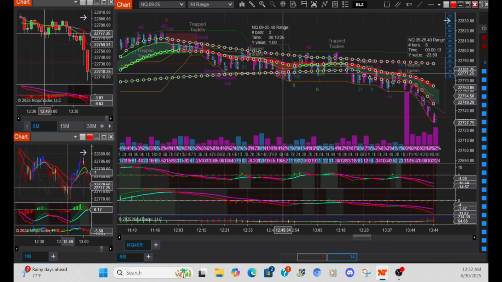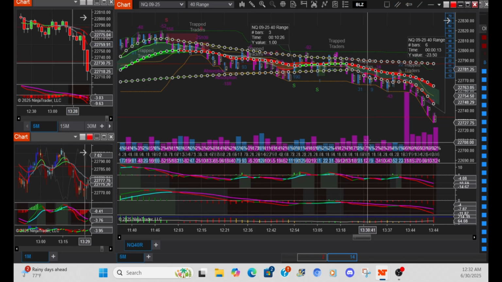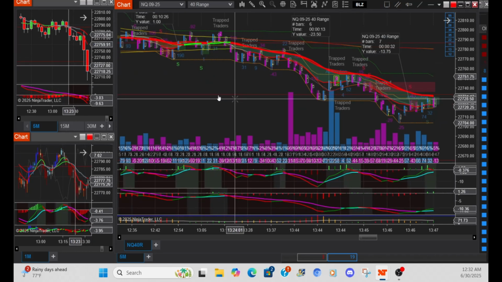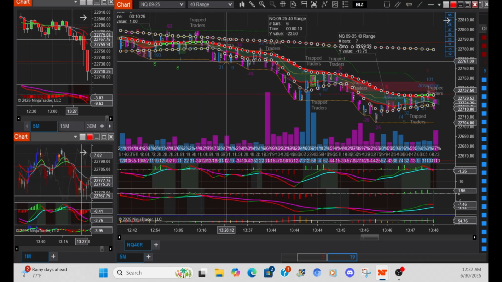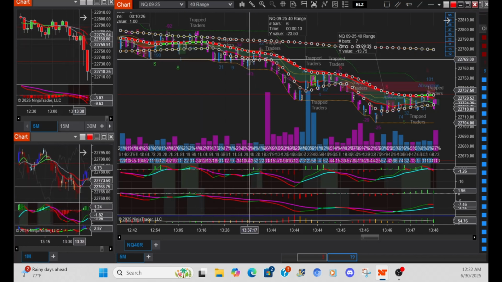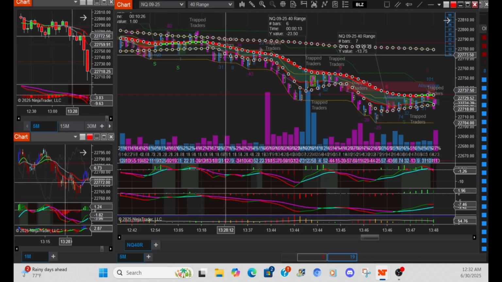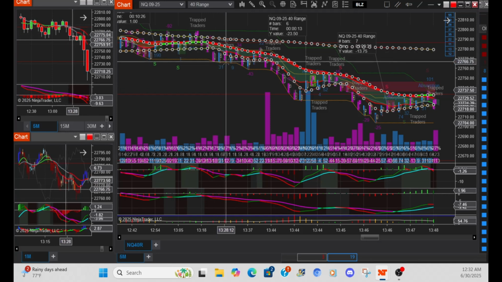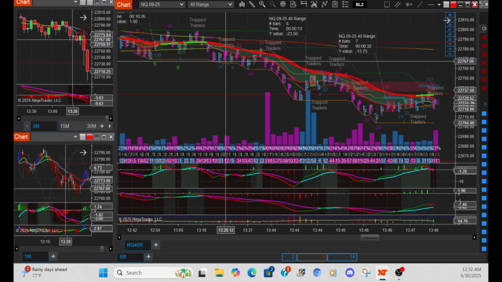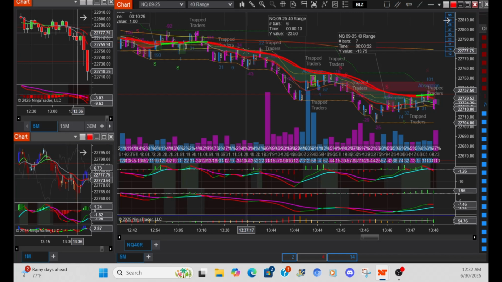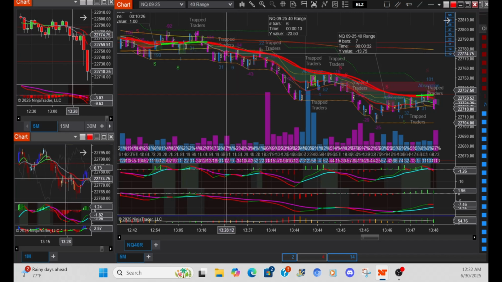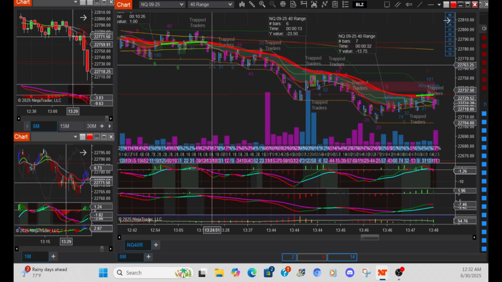This is why I'm liking this new one quite a bit. It took a while to get developed, but see here, we finally had a full candle break here. This came down below. So even if you would have taken this here, you probably would have been stopped out on that. All right.